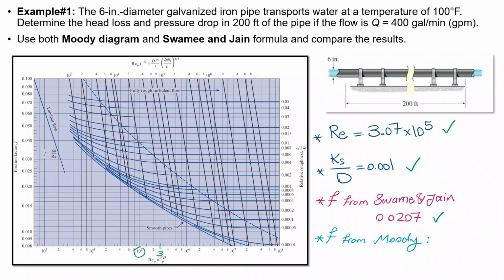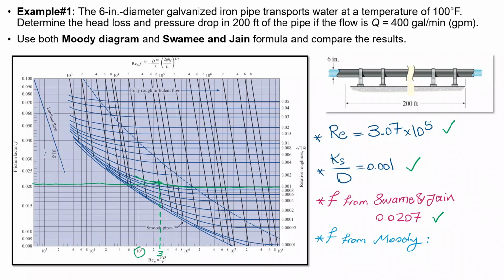Now I'm going to find relative roughness 0.001. It is over here, so I'm going to go over this line so it's clear for me where the line is. Now going to go up over here until the intersection between these two green lines, which is over here. Now if I go to the left-hand side axis, it would be somewhere over here.